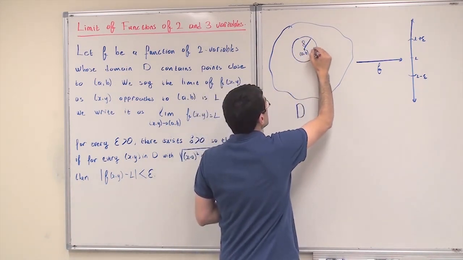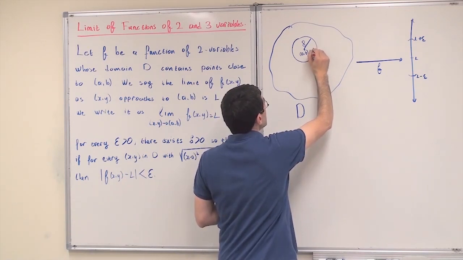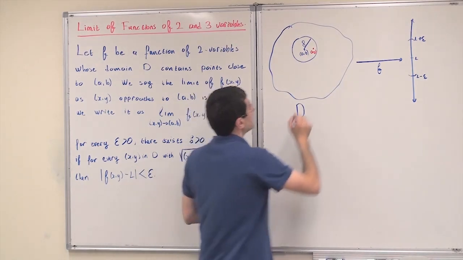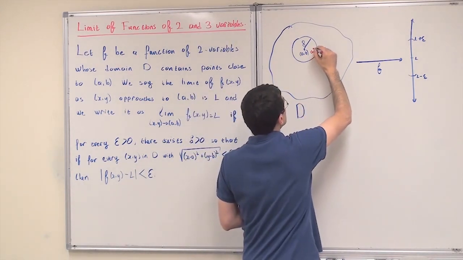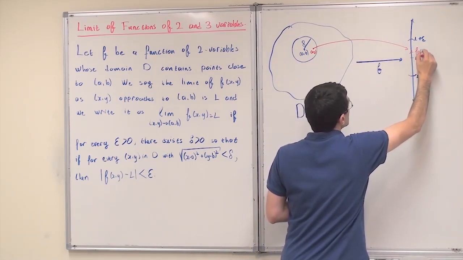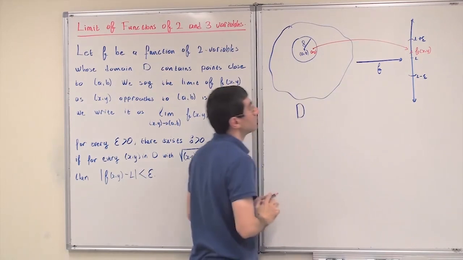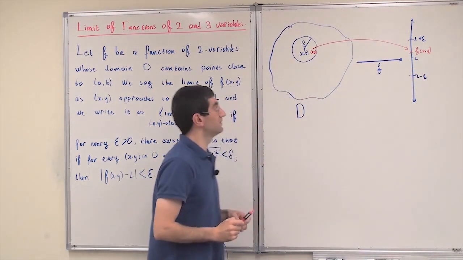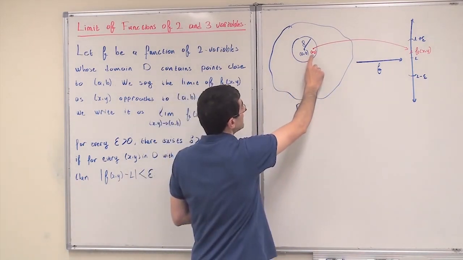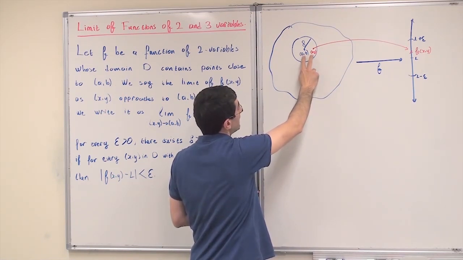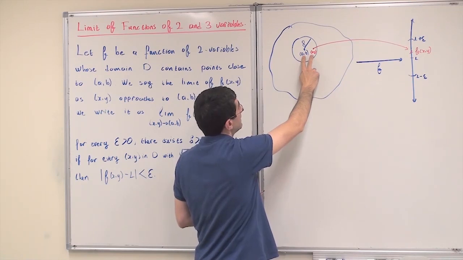Now, the definition of limit says if I choose a point in this disk, then the f will take this point to an interval of size epsilon around the number L. Now, what does it mean taking a point (x, y) within this disk? It means that the distance between (a, b) and (x, y) is less than delta.